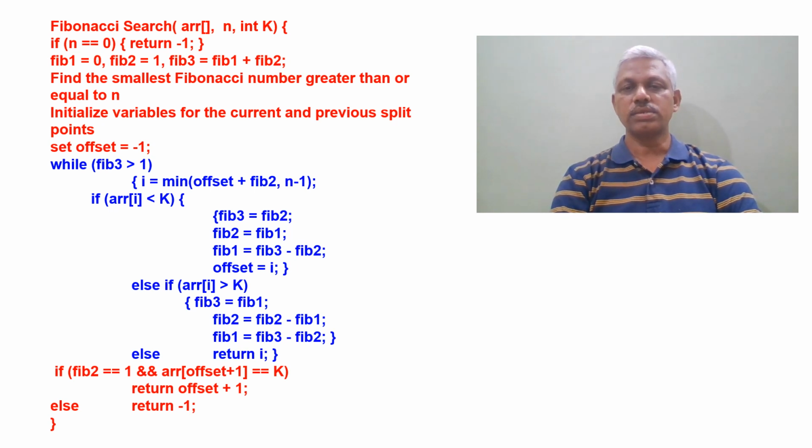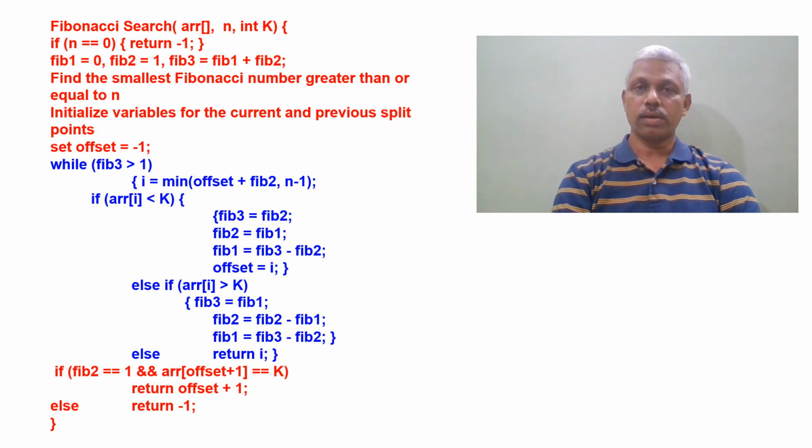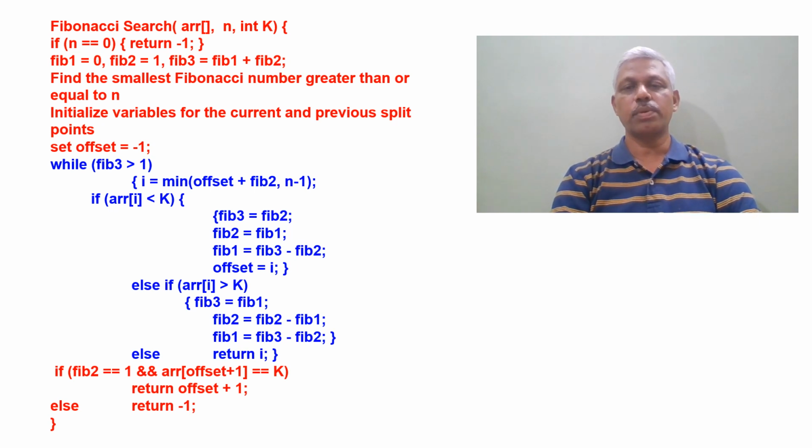In either case, it is compared with 1. While fib3 is greater than 1, we again recompute I as the minimum of the new offset value plus fib2, comma, n minus 1. So iteratively we keep doing this until the subarray size is reduced gradually.